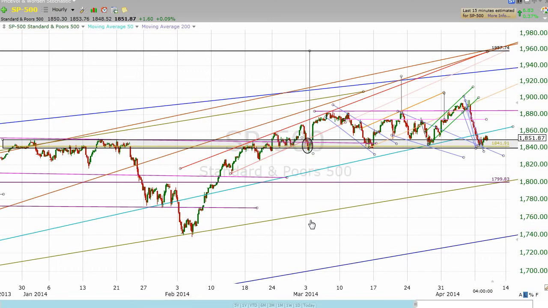I don't think that's any big deal because it is a fuzzy area, and even though I've been calling it 1840 to 1850, obviously it's kind of like a recipe that calls for 2 cups of this, 1 cup of that, and a half a cup of something else. You know, 1 3/4 cups, 1.8 cups, 5/8.